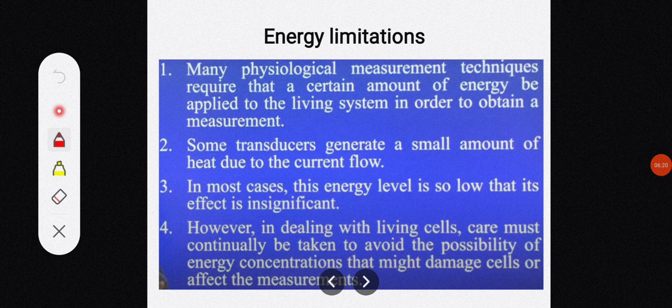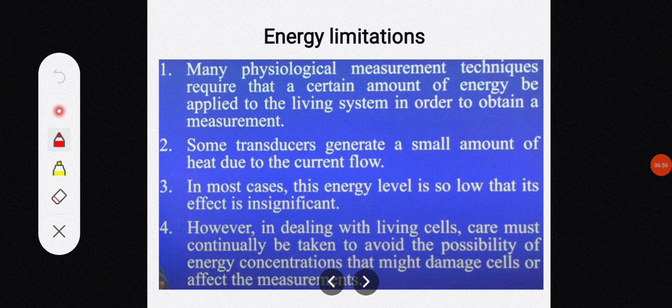Care has to be taken to avoid the possibility of energy concentrations that might damage cells or affect the measurements. What energy concentrations? The energy concentrations because of the transducer, because energy has been applied to the living system. So this is another problem encountered in measuring a living system, this energy limitation.